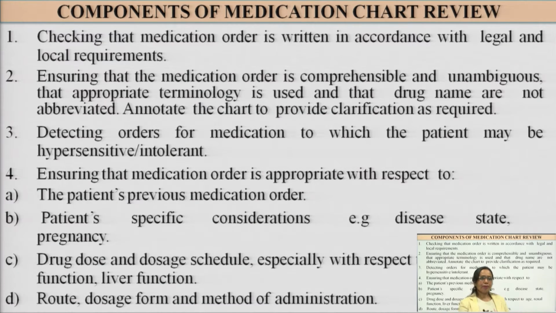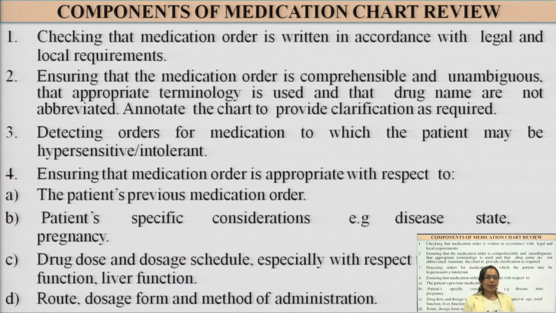Then the medication's adverse effect will be different. And if the patient is pregnant, that case should be considered. The medication order has to be checked if the patient is pregnant.